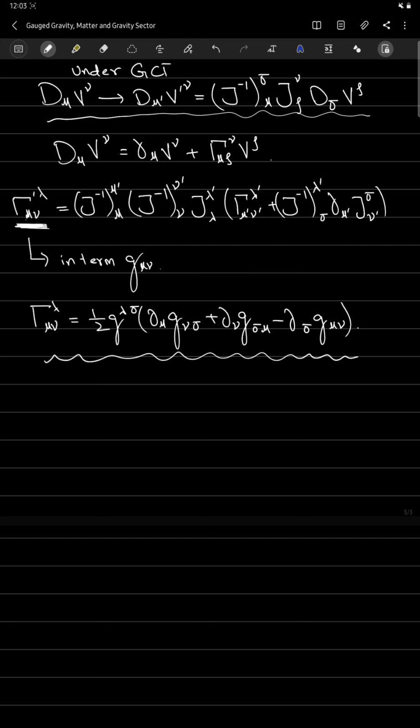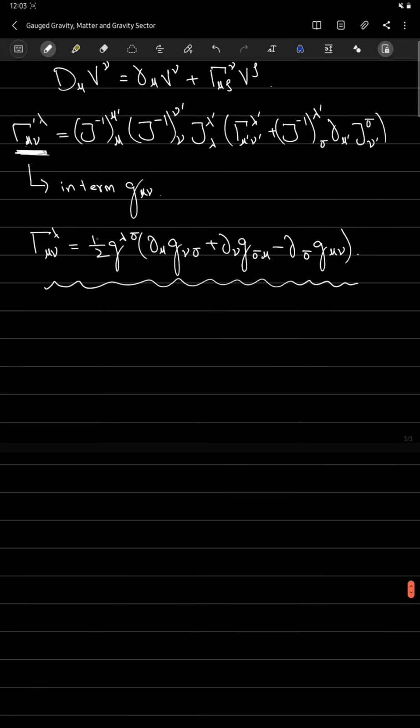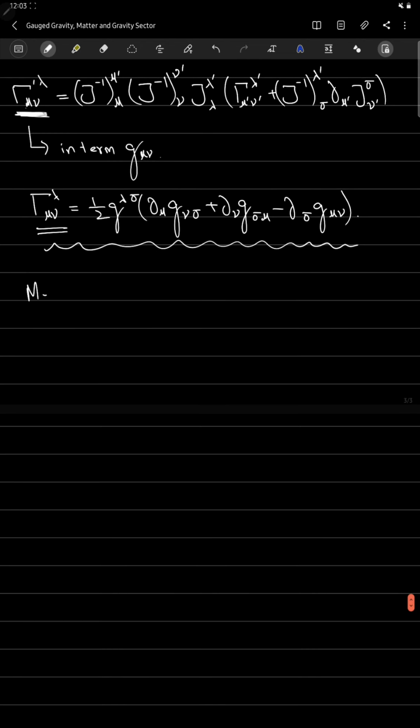Okay, so the simplest way to derive this Levi-Civita connection is to implement what is called a metricity condition, right? What that says is that the covariant derivative of this g_{μν} vanishes.